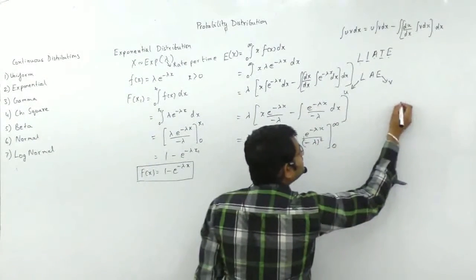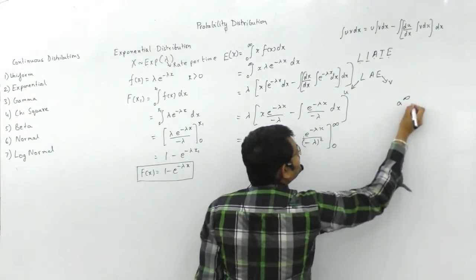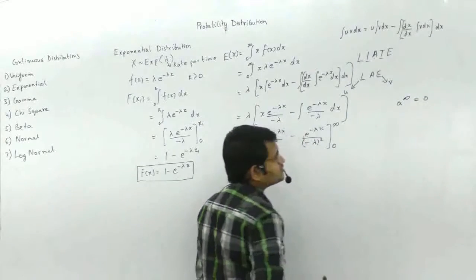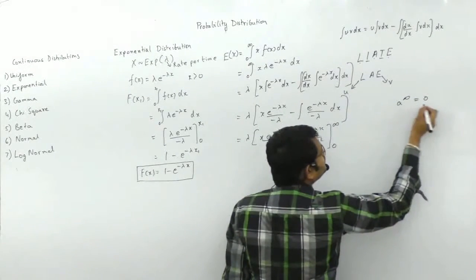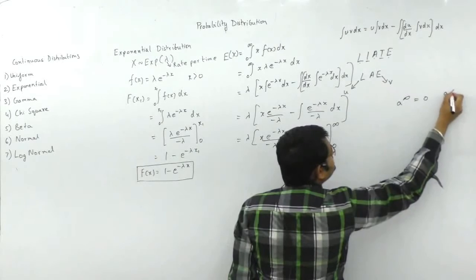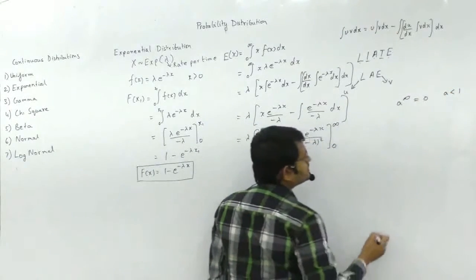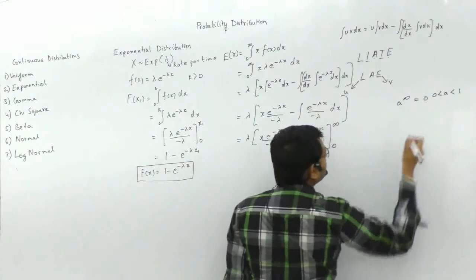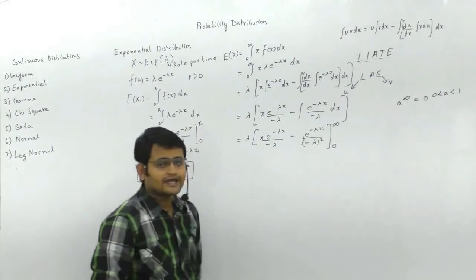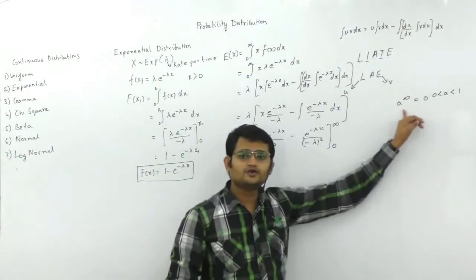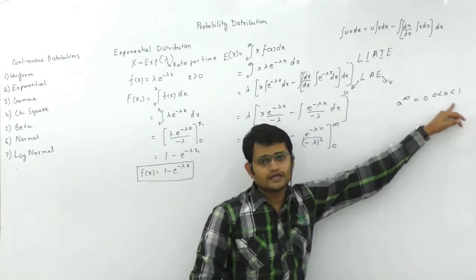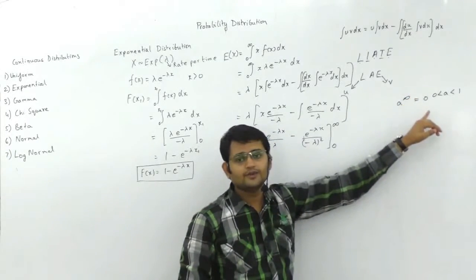Now, anything raised to infinity will be 0 if this particular a is less than 1, or let's say between 0 and 1. That means if a is a value between 0 and 1, then a raised to infinity becomes 0.